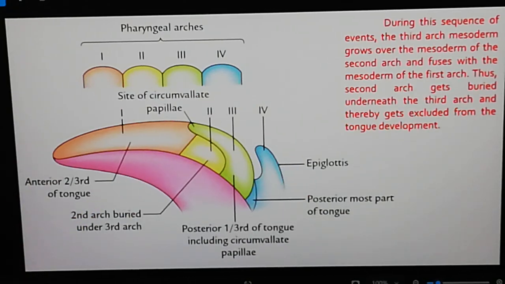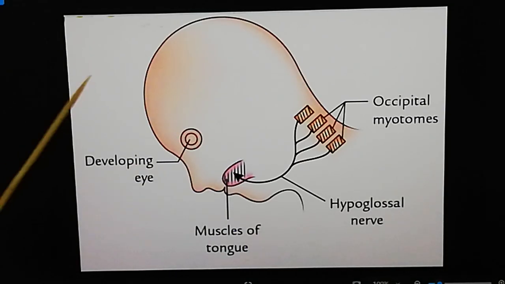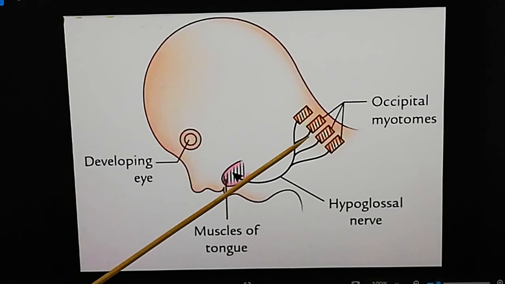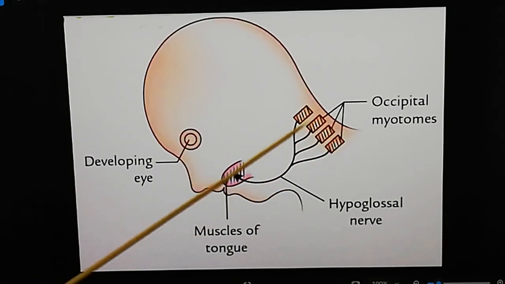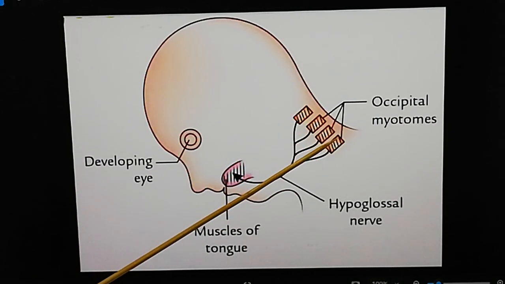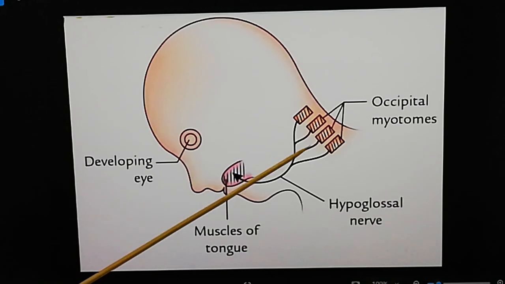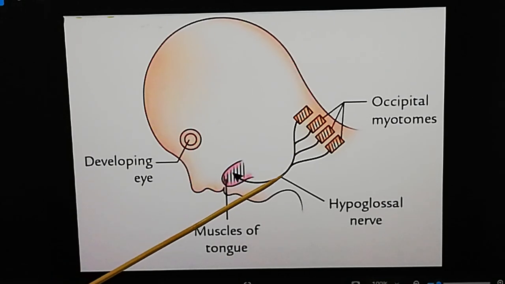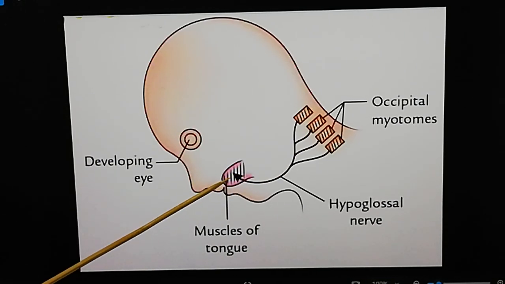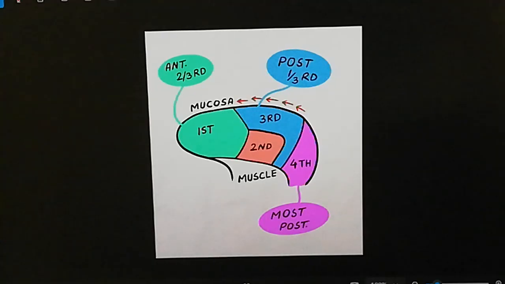This schematic representation shows how various occipital myotomes come towards your tongue, carrying the hypoglossal nerve towards the musculature of the tongue.